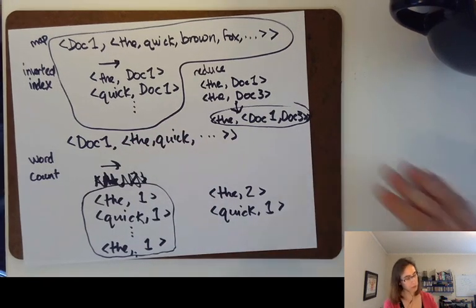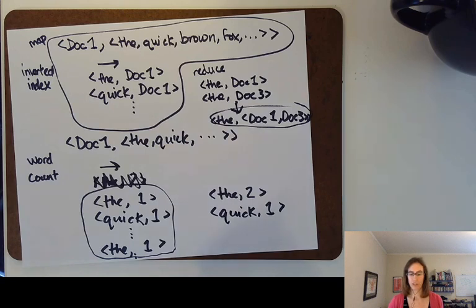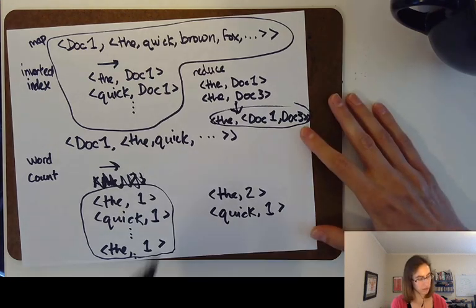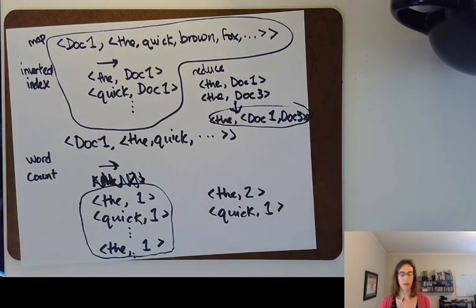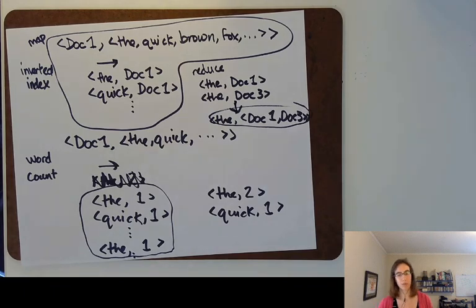Okay, so what if we were doing word count? What would the input to the reduce function look like then? Recall that reduce maps a particular key to a set of values. Or the conceptual input type of reduce is a particular key and a set of values. So what would it look like for word count?